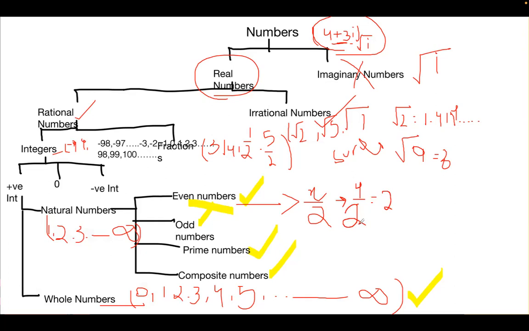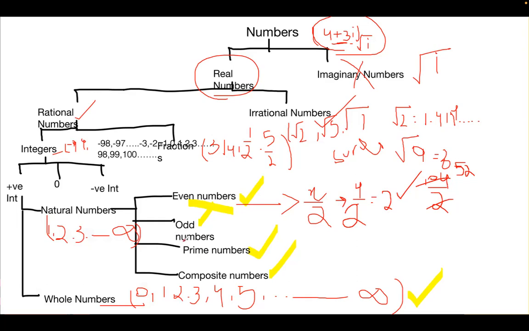This 4 is divided by 2, so it is an even number. If we take the number 104, it will be divided by 2, 52 times. So this 104 is also known as an even number.